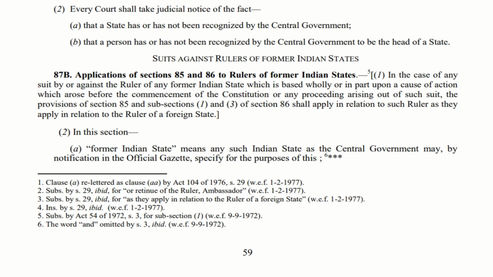X and Y had a dispute with respect to the land, and after the formation of the Indian country, these two states combined together and became a part of India. So this dispute was prior to that joining with India, and at that time there was no constitution of India. At that time there was some dispute.